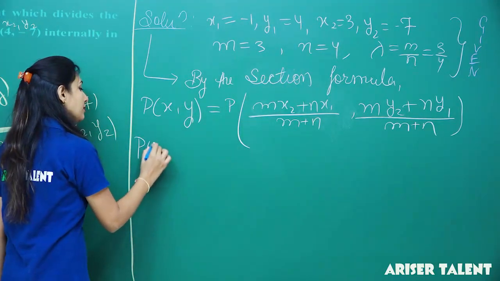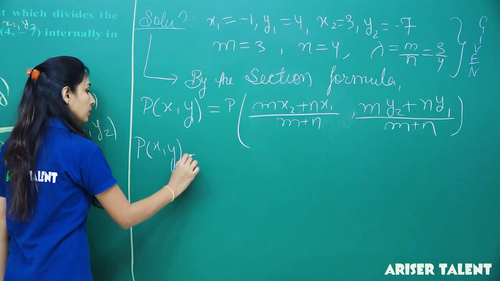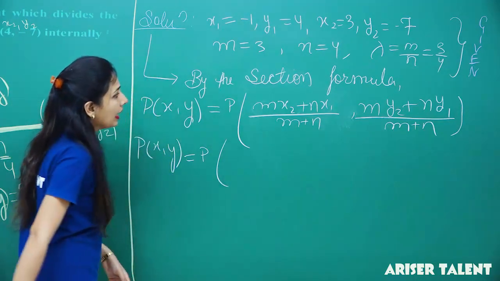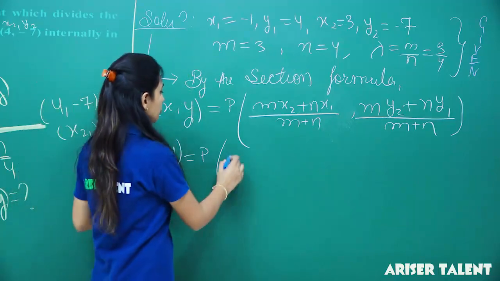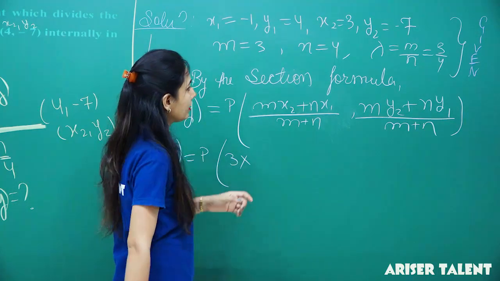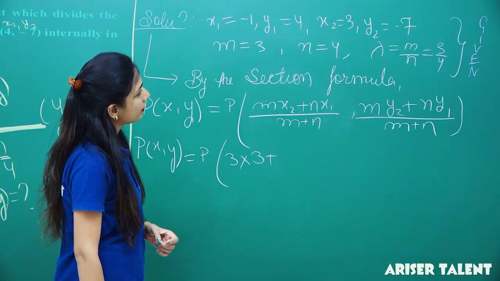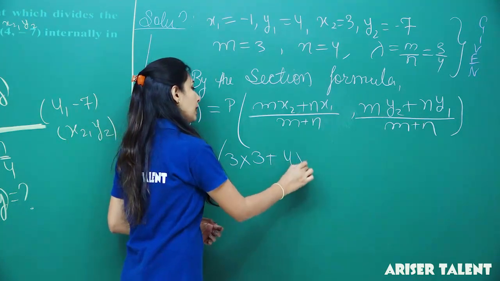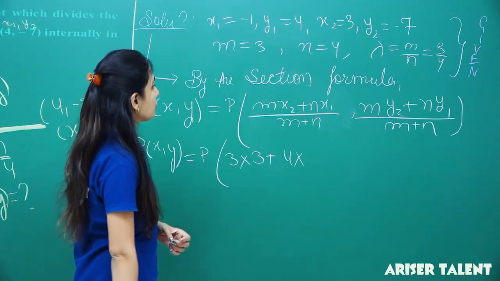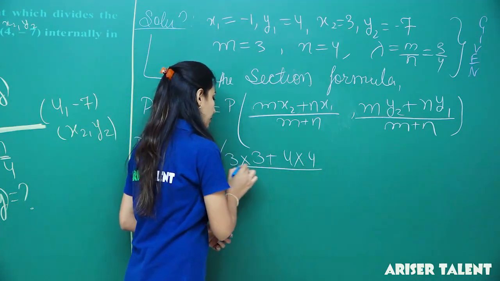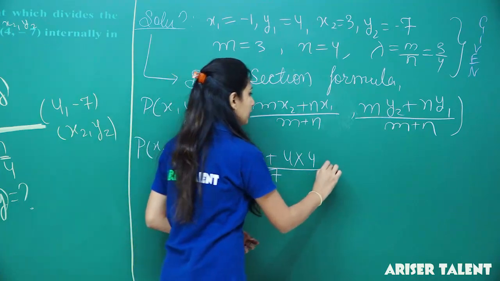Okay, so P(x, y) equals P of: m's value is 3, so 3 multiplied by x2, x2 is 4, plus n. N is what? N is 4, and then x1, upon m plus n, which is 7.